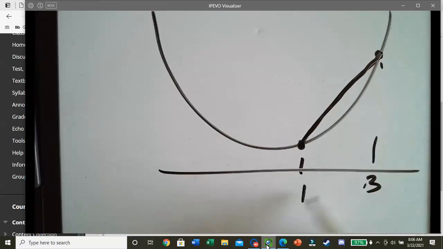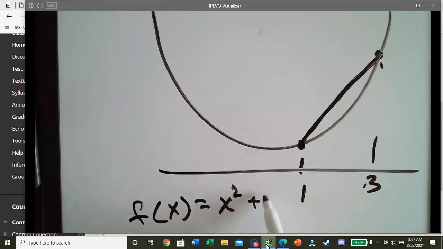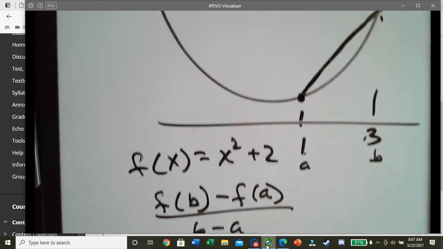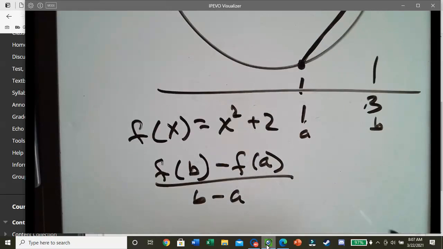Basically, if you have an equation x squared plus 2, let's say, you're going to put it into the f of b minus f of a, right? Over b minus a, where b would be the 3 and a would be the 1, right?